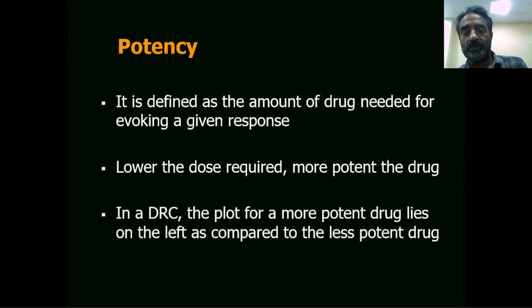What is the amount of drug to achieve that particular response? That is potency. The lower the dose required, the more potent the drug is to achieve a particular effect. So in a dose response curve, the plot for a more potent drug lies on the left-hand side as compared to a less potent drug.